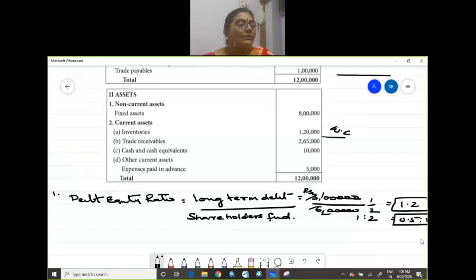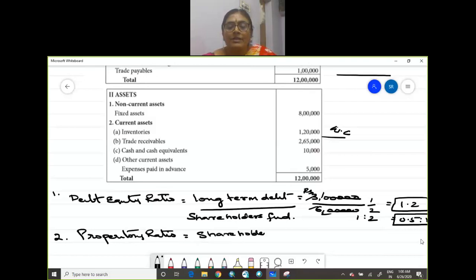Next, the second one: they've asked you to find proprietary ratio. What is the proprietary ratio formula? Shareholders fund, which you have already calculated, 6 lakhs, divided by total assets, which is very easy to find out from the balance sheet, nothing but 12 lakhs.